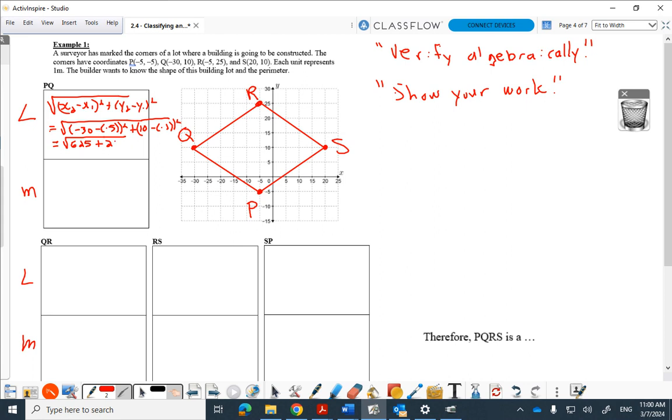Equals square root of 850. I'm going to double check that in my calculator because I don't want it to be wrong on your page. Square root of (-30 minus -5) squared plus (10 minus -5) squared.